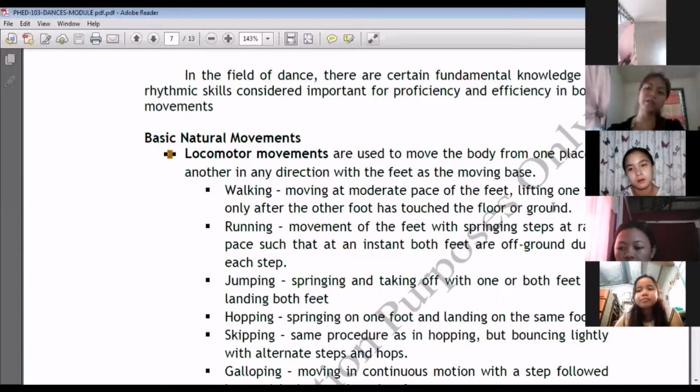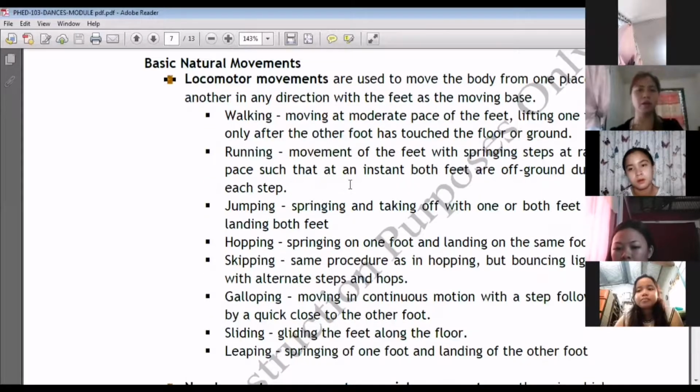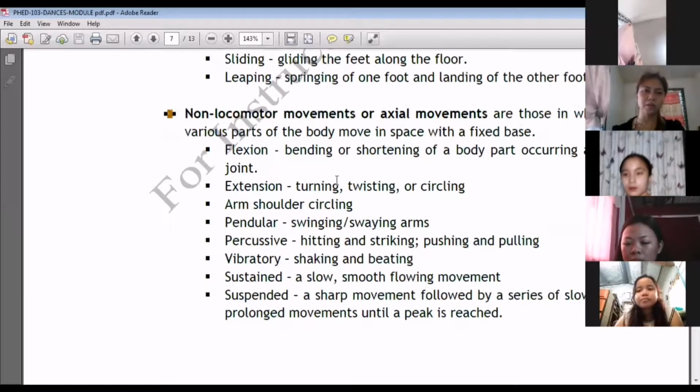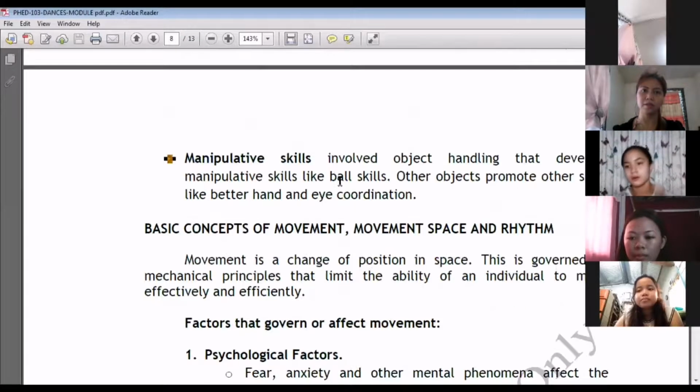So what we're going to be doing today is just to have a review of what the locomotor and non-locomotor movements are, what the kinds or types of these movements are.